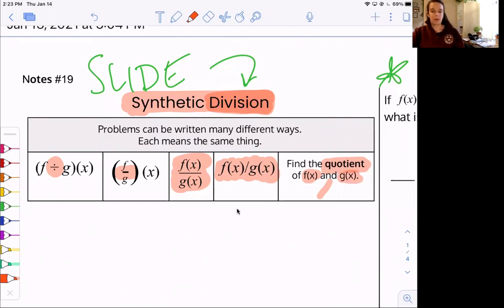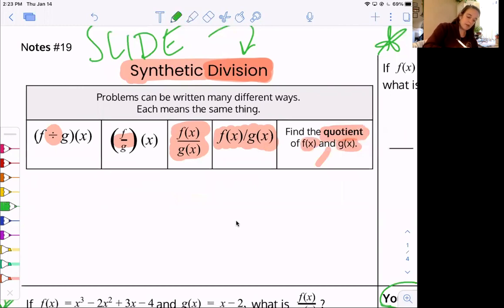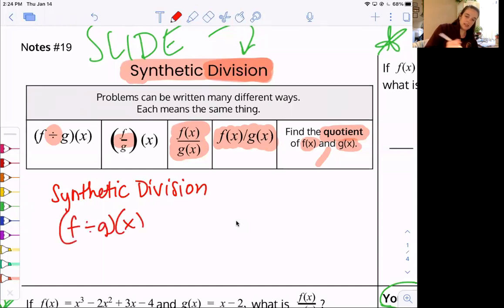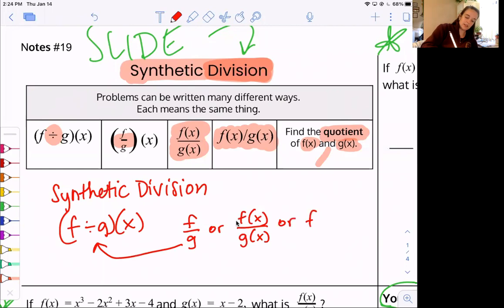If I was taking notes, I probably wouldn't write all of that down. What I would probably write down is synthetic division. And then I might write down f divided by g of x, and that this part could be f over g, or f of x over g of x, or f of x slash g of x, or quotient.